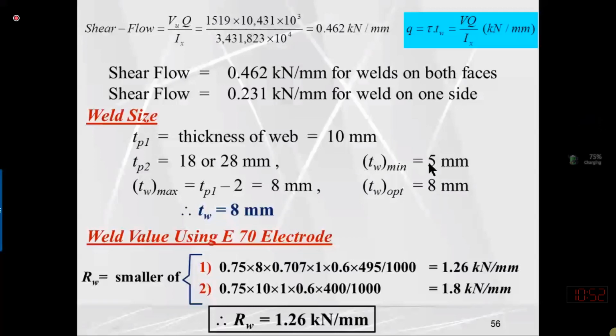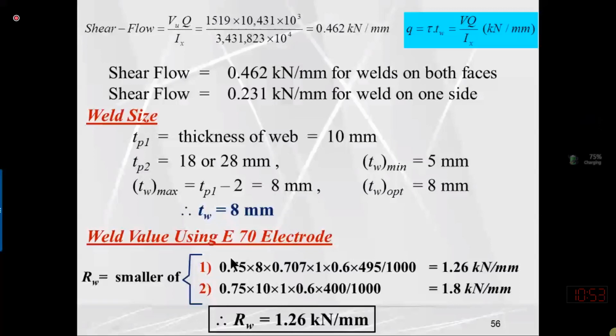The middle value is 8, so we opt for a weld thickness of 8 mm. Let's suppose we are using an E70 electrode. We can determine the weld value based upon the shear strength of the weld or shear rupture of the base metal. So 0.75 is the phi value, and 8 is the thickness of the weld.